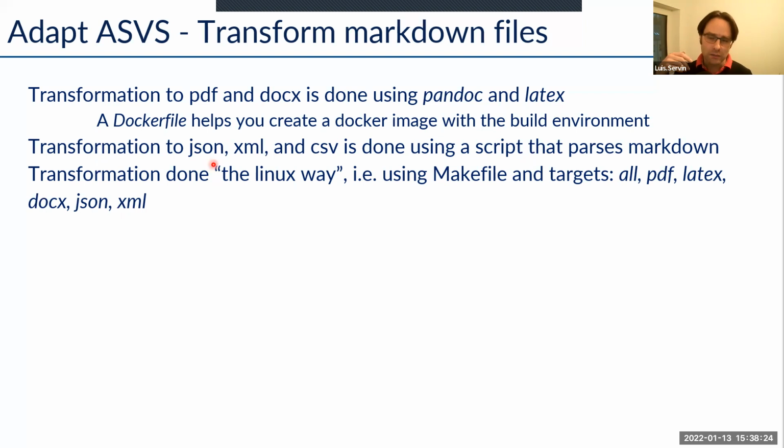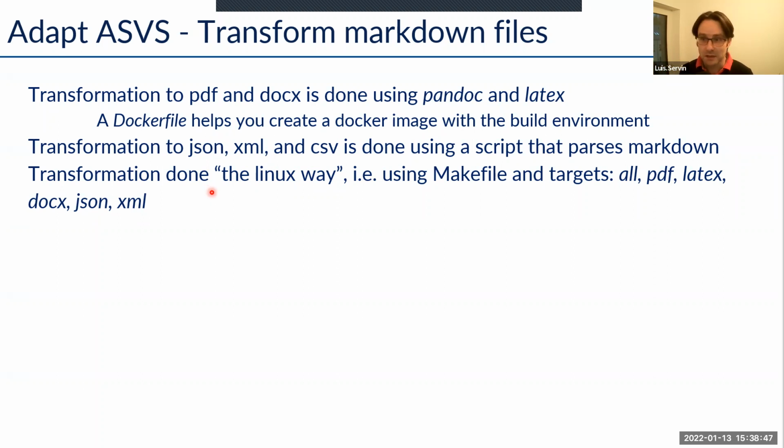And there is one script in the directory that transforms the Markdown into JSON, XML, and comma-separated values. And the way to create all of this is, instead of building shell scripts and I don't know what, the Linux way. This is the way. Makefile. Why?